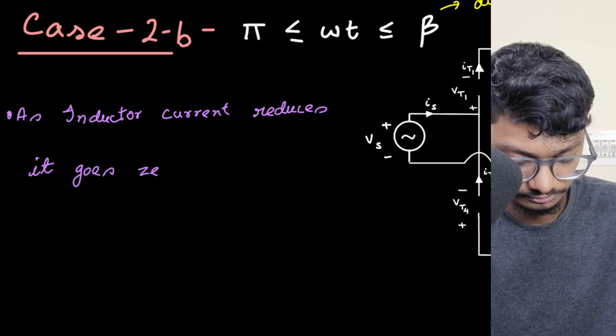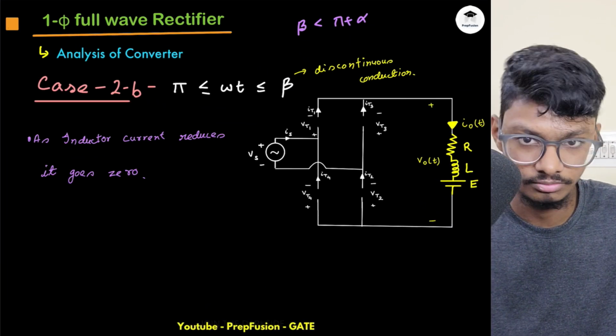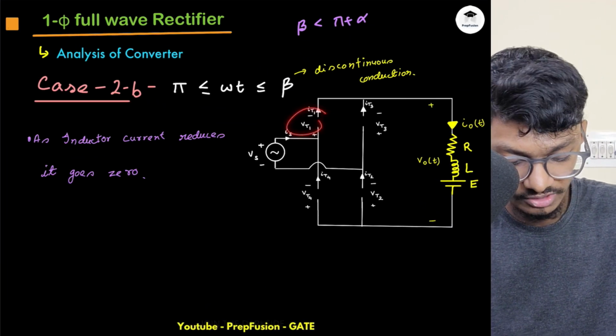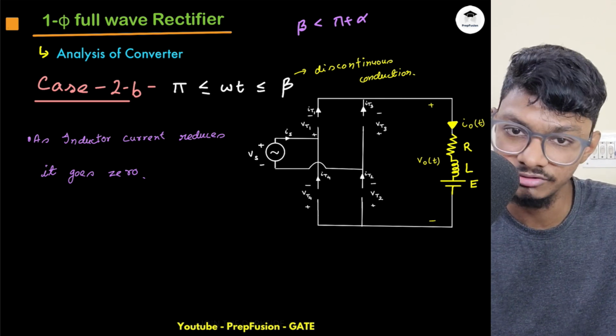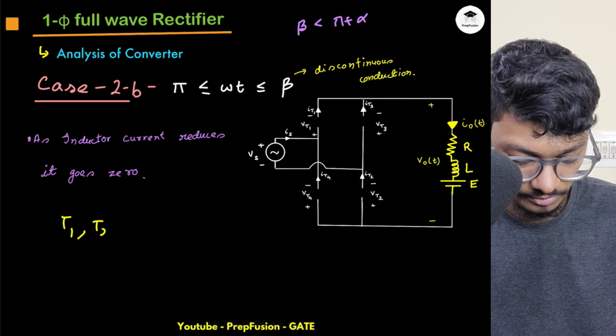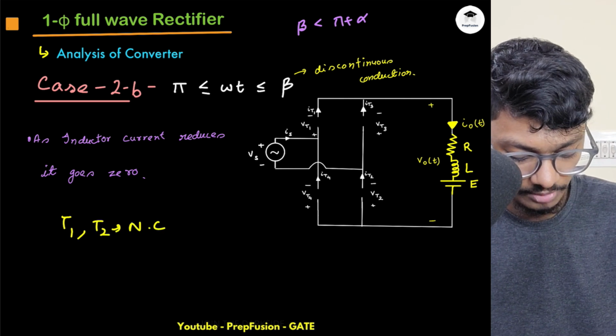Then obviously current becomes 0. If current becomes 0, my T1 and T2 will be naturally commutated, because the current was flowing through T1 and T2 only.